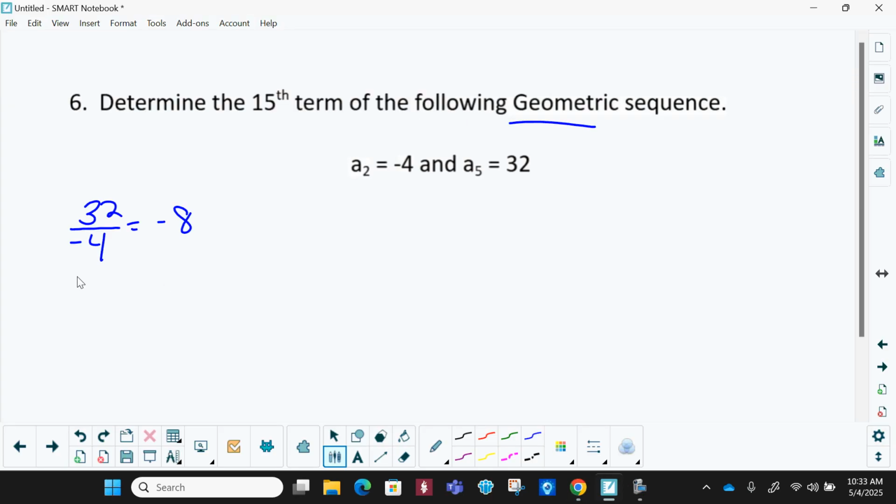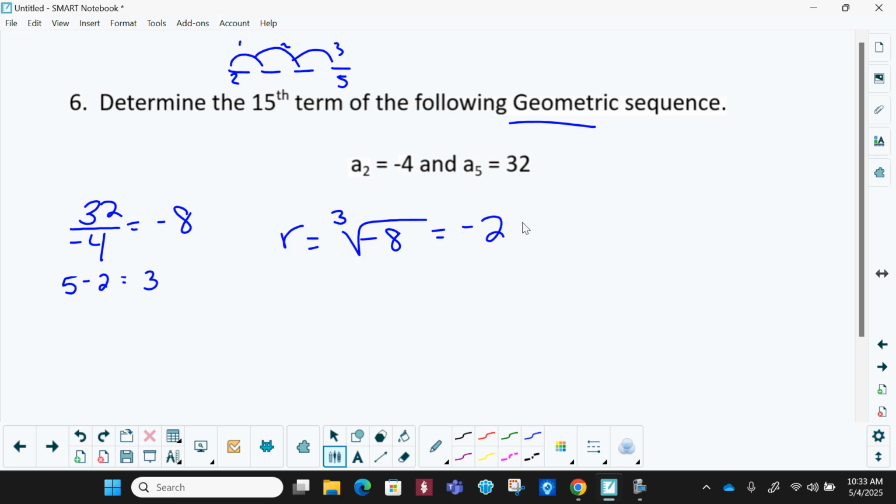How many jumps do I go? 5 minus 2 is 3. Now, 2, 3, 4, 5. Jumps mean here, 1, that's 1 jump, 2, 3. So it's a little different from what we were doing in the last problem. We had to count that first term. So take the root: the cube root of -8 is -2.